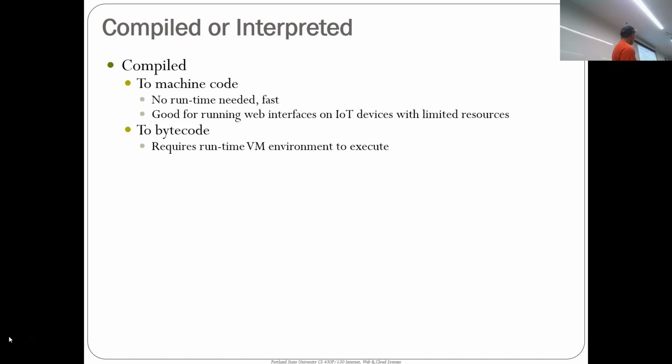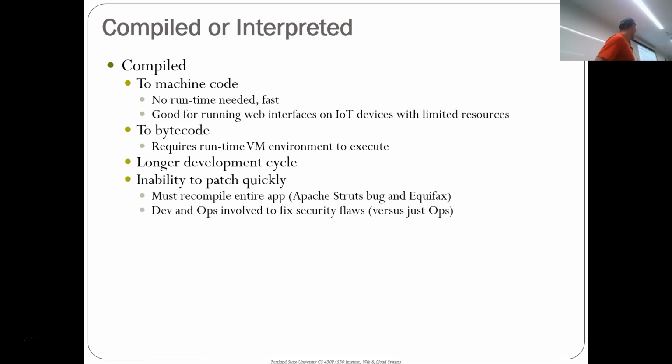You could also compile it down to bytecode. So bytecode is not all the way down to machine code, but it goes to a simplified sort of virtual machine code, and then you would need a virtual machine to run the bytecode. So that is one approach.